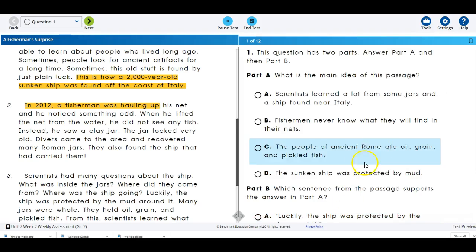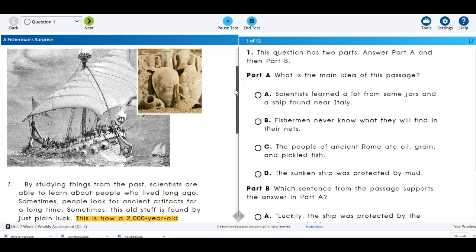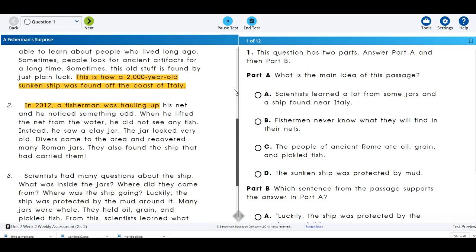When I finished my reading, now I'm ready to answer my questions. So question 1 right away has two parts, Part A and Part B. What is the main idea of the passage? Now remember, we find our main idea by what the story is mostly about.